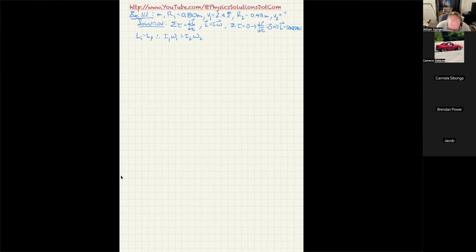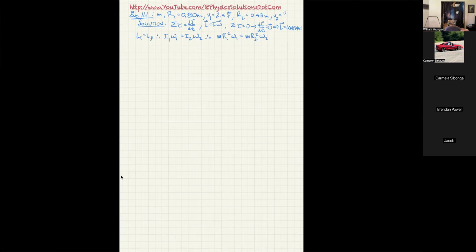So that's why we got mr squared. Therefore, this becomes m times r1 squared omega 1 is equal to m r2 squared omega 2.